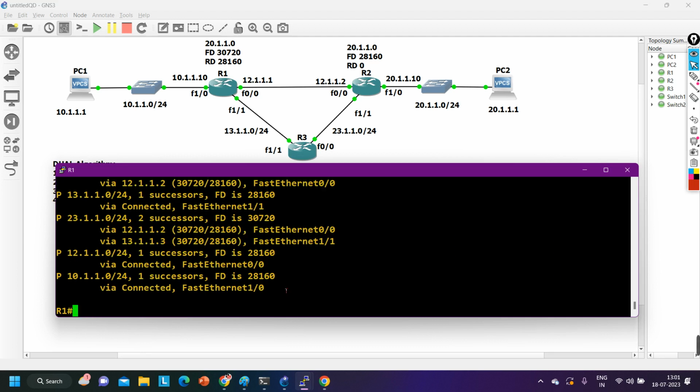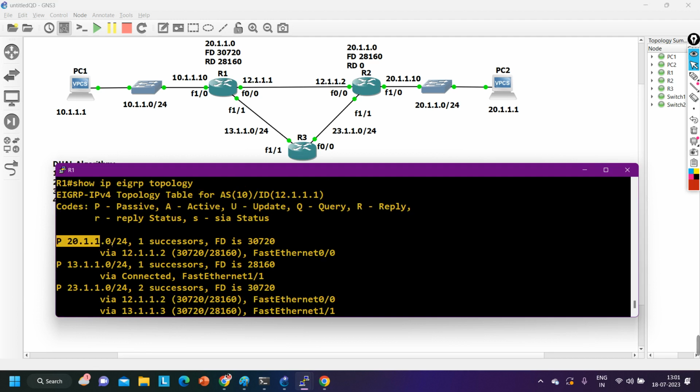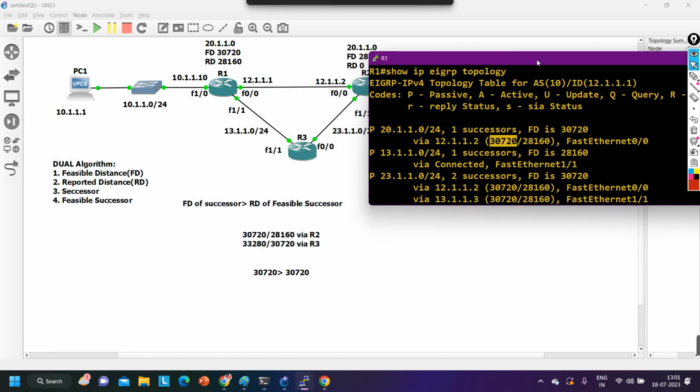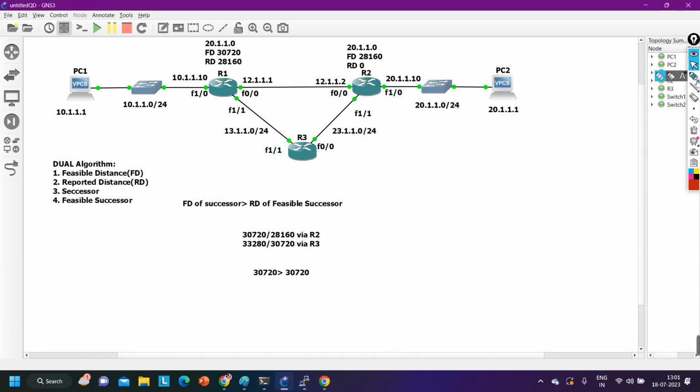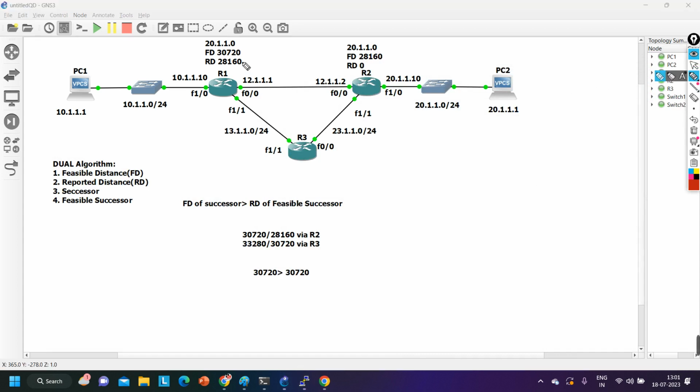So show ip eigrp topology. Now you can see in the topology table, this network is available via router number 2. It should be very clear why router 1 has installed this prefix via router number 2. Because it is calculating the least FD via router number 2 as compared to via router number 3. Router 1 has two choices to reach the 20 network: either via router 2 or via router number 3.